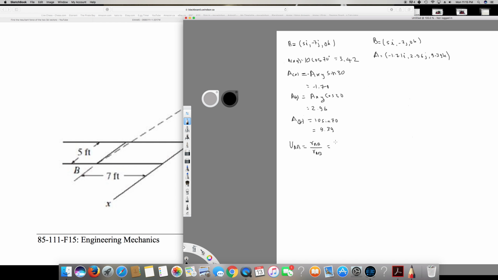Now in order to calculate UAB, I have to deduct A from B. So it's going to be B minus A. So 5i minus 1.71 gives plus 6.71i.